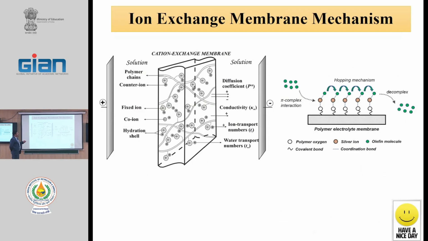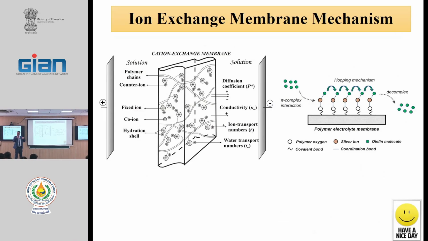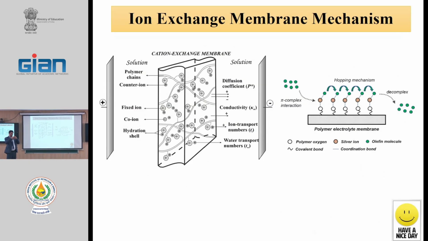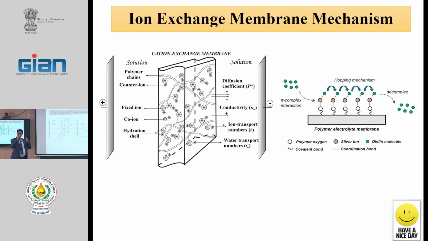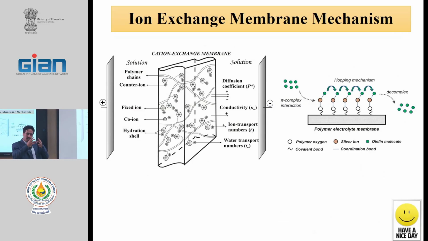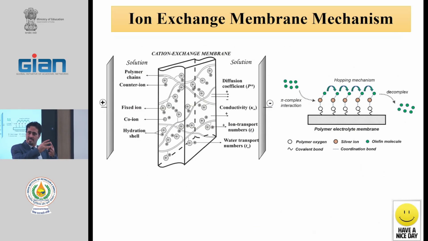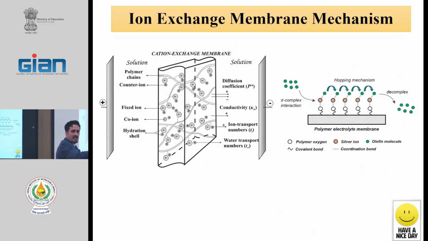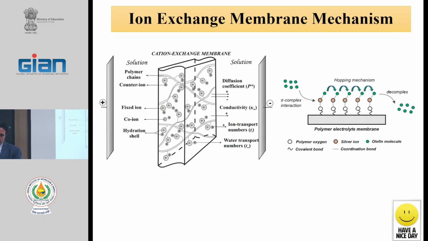In ion exchange, many membrane chains are together, complicated, and have noise and movement. In this movement, one functional group can contact another and transfer one cation from this functional group to another. So we have a hopping mechanism to separate.